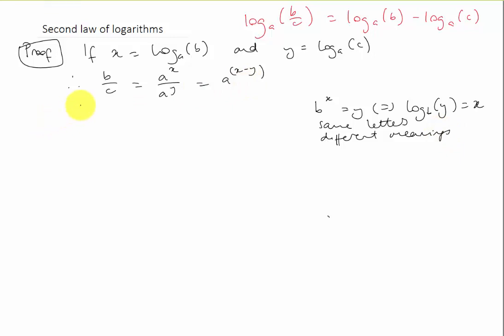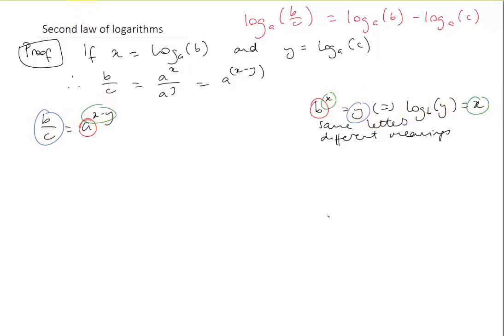Okay, so now we've got b over c is equal to a to the power x minus y, and so that is the same as, here our base is the a here, and then what we call y here, that's b over c, and here our exponent is x minus y instead of x.